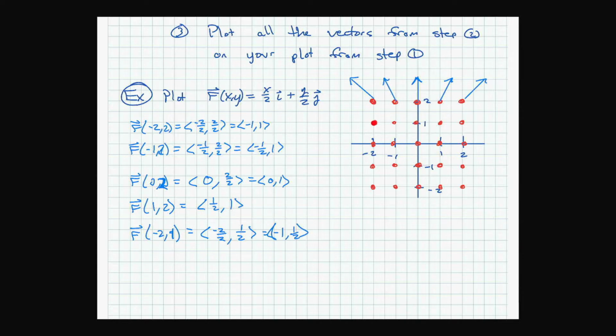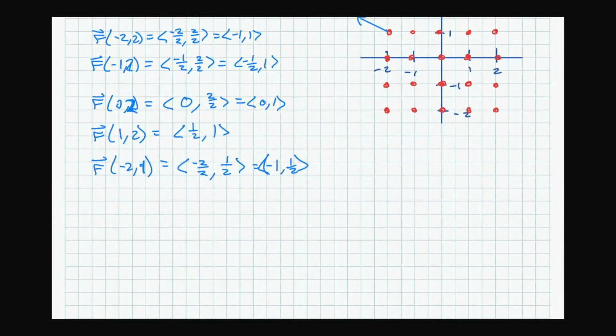So that was this point, right? -2, 1. And then the vector is -1, which is over 1, up 1/2. So it is like this. Okay. And you just keep continuing on in this fashion.